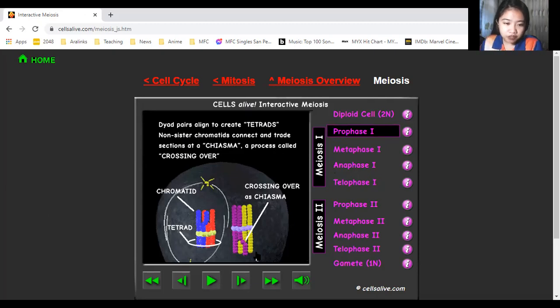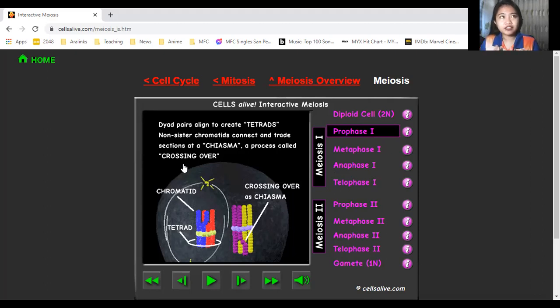So kaya kung mapapansin nyo, yung blue, and this blue chromosome is crossing over with the red chromosome. And then this violet chromosome is crossing over with the yellow chromosome. So it is the process called crossing over. So this one causes the variation of one individual to another.